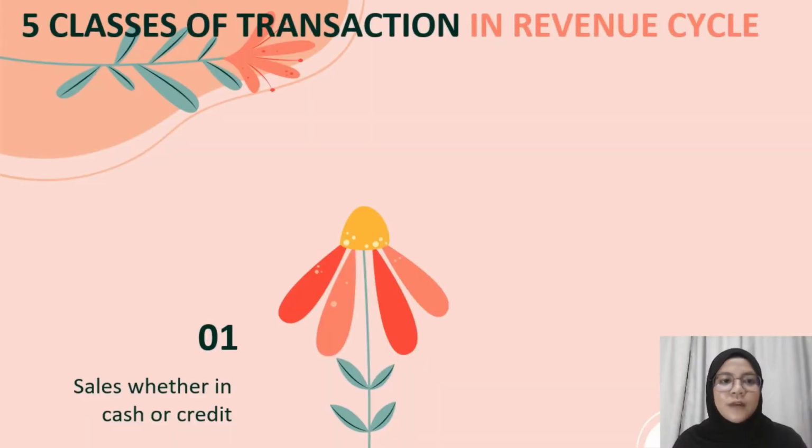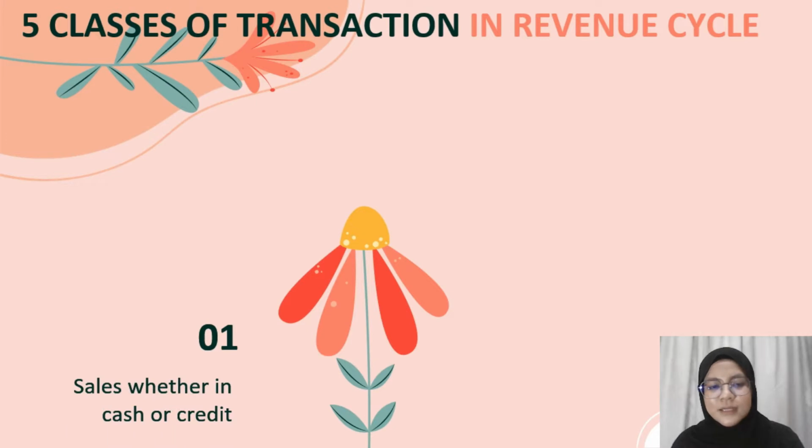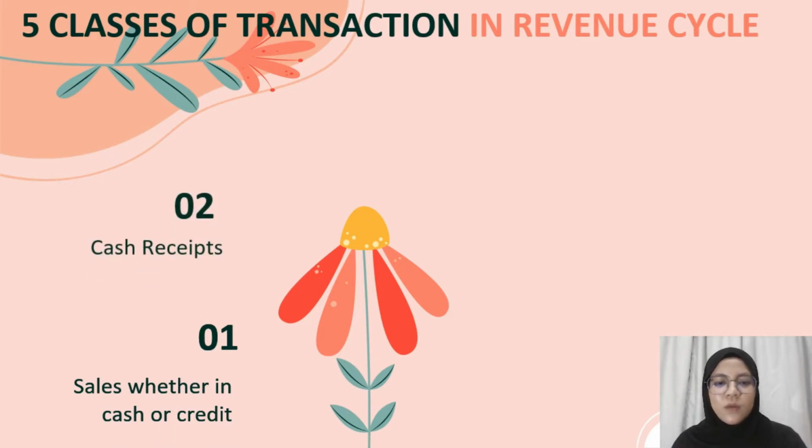There are 5 classes of transactions in the revenue cycle. It starts when the business makes sales, whether in cash or credit, and then when the customer pays for their purchase of goods or services, the business receives cash.